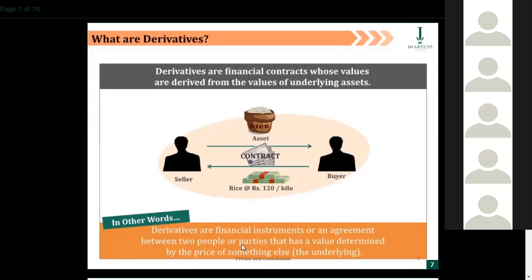So this is from two different points of view, buyer and seller. One party has to bear the loss, one party would be in profit at t equal to 90 for sure.